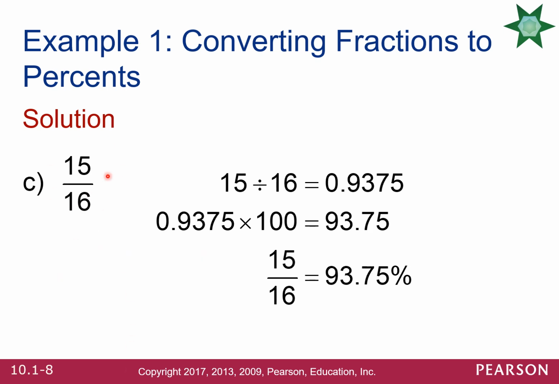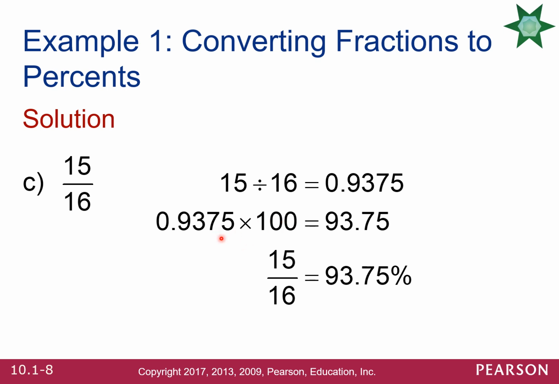And finally, 15 over 16. Again, when you divide 15 by 16, you get a decimal value which is 0.9375. And then you multiply 0.9375 by 100. And when you multiply by 100, your decimal point shifts 2 places to the right. It will shift as many places as there are zeros in 100.